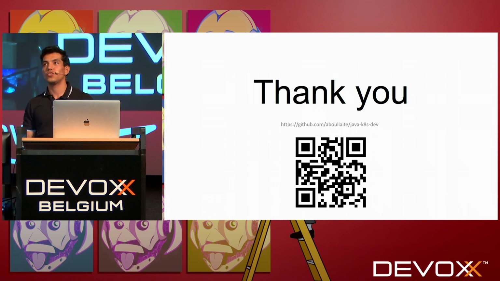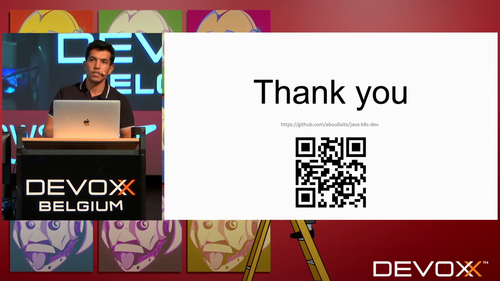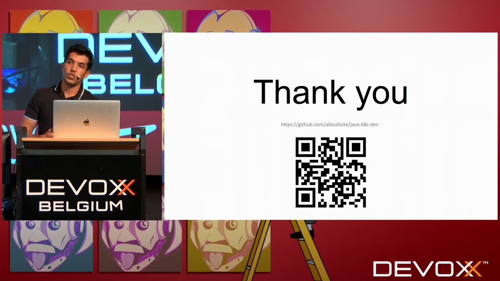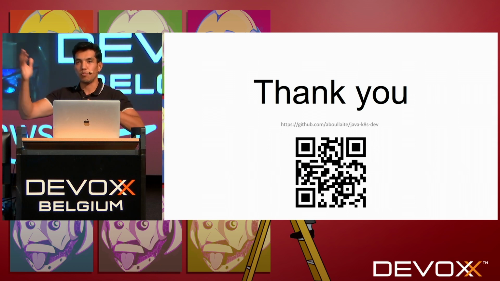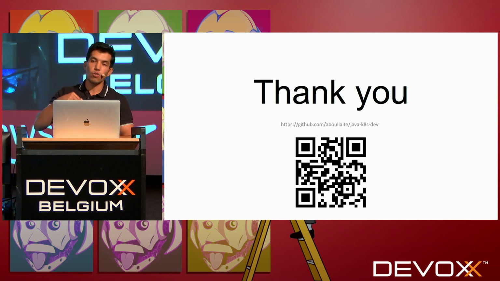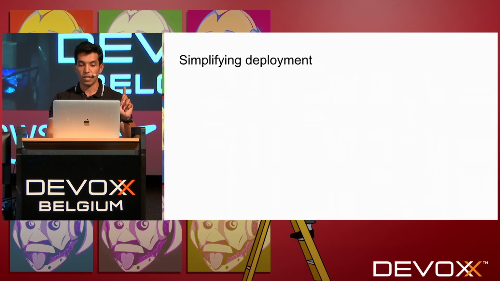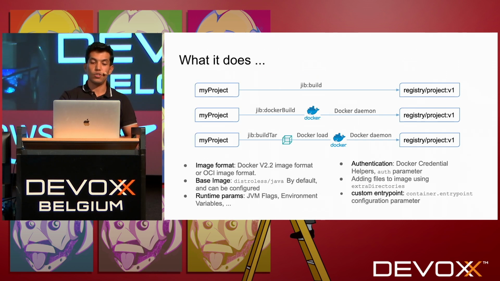So the question was, can you use a local repository? What do you mean by a local repository? You mean the one that comes with Docker, saving it on your local machine? With Jib, Jib needs a registry. It could be whatever your registry is, you can connect to it and push your images to it. If you need to save your images locally, the same as when using Docker, you have to use the Docker build goal instead of the other one.